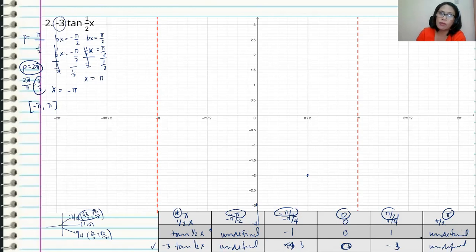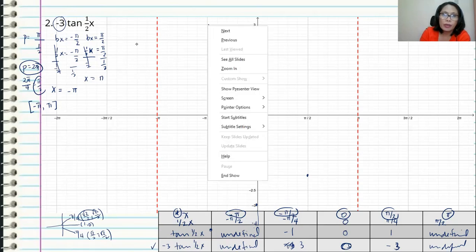And then this remains undefined. So the point will now then be from pi undefined, and then negative pi over 2 to 3. So the point will be here.